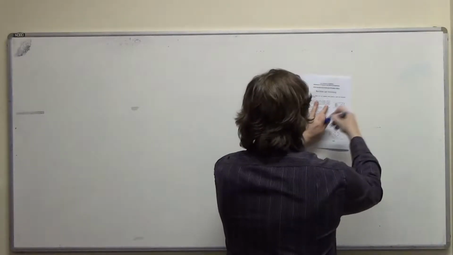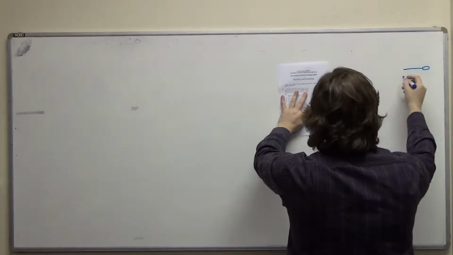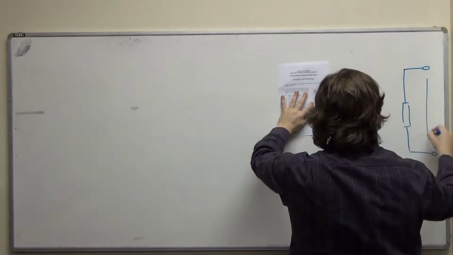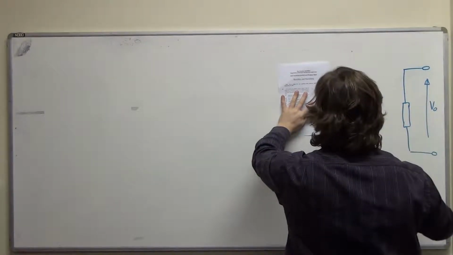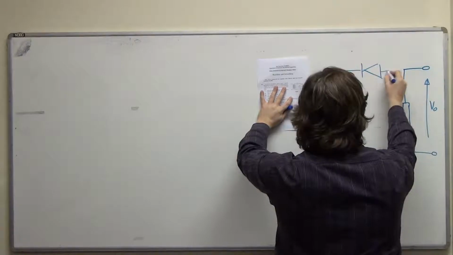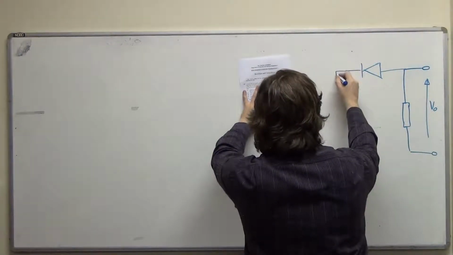So the circuit looks like this. We've got some output and a resistor in parallel with the output. There's VO, and then we've got the diode, and then we've got the transformer.